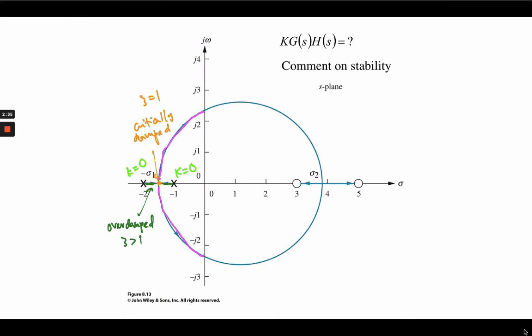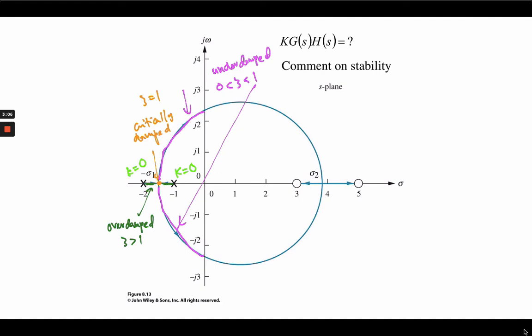We know that when these poles are located at this combination of real axis and j omega axis, at these 2 points, we have an underdamped response, where our zeta value is greater than 0 and less than 1.